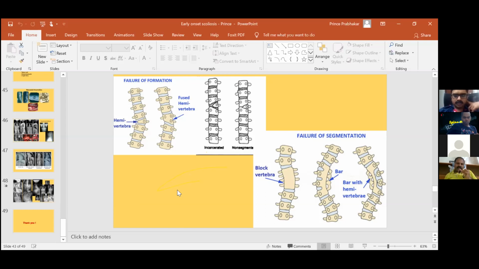And as you said, rod contouring is a very important thing. You don't have to have the excess kyphosis there, thinking of getting a normal dorsal kyphosis. So that is a point to be taken.